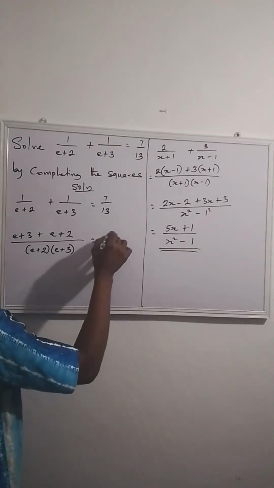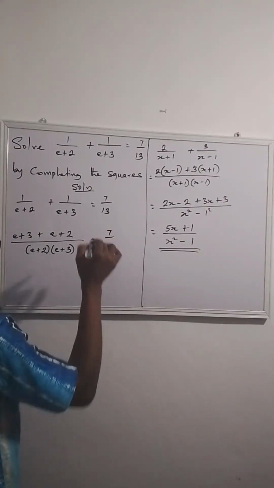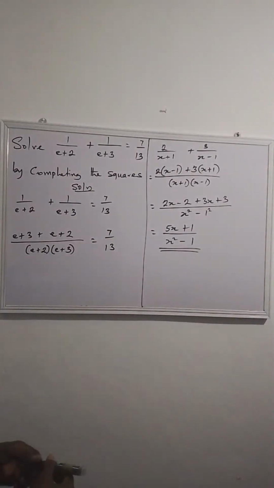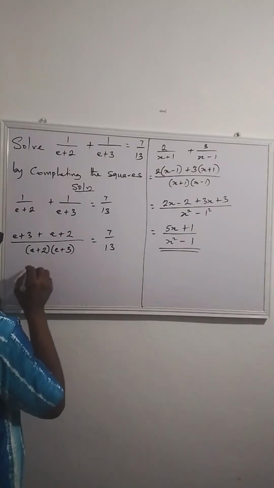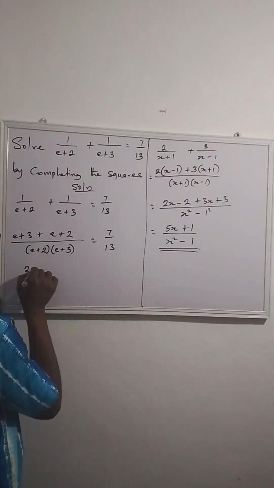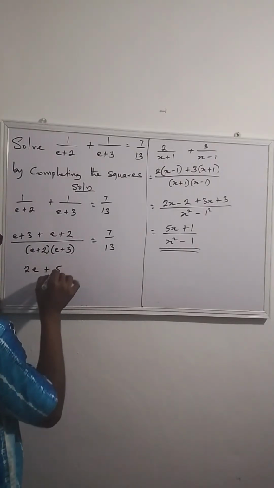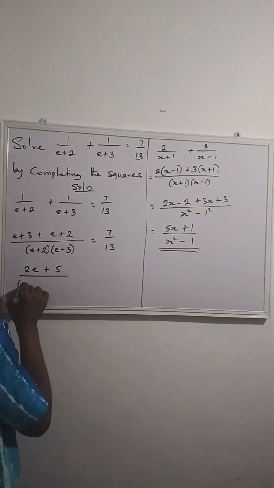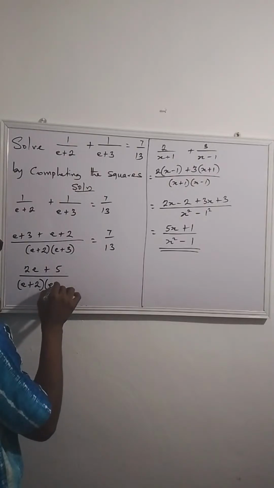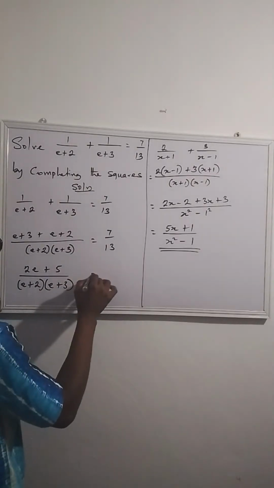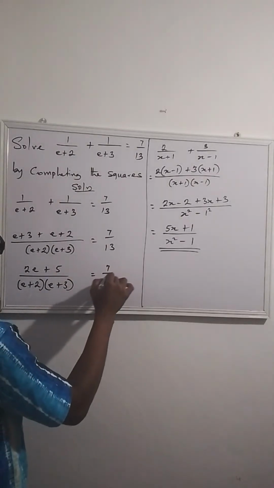All right, that gives you 7 over 13. The next thing is to tidy up the numerator here. When you tidy it up, you have 2e plus 5 over e plus 2 times e plus 3 equals 7 over 13.